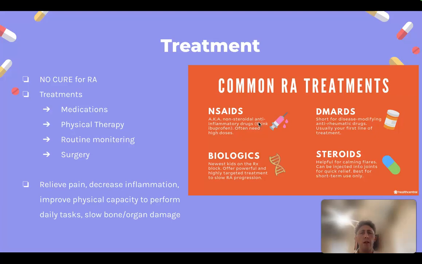If for whatever reason you're getting worse or you are not improving symptoms like pain and inflammation, they will then resort to surgery, which would usually be a joint replacement. This is their last resort for treatments. And like I mentioned, there's no cure for RA, but these various treatments essentially relieve pain, decrease inflammation, and improve physical capacities to perform your daily tasks.